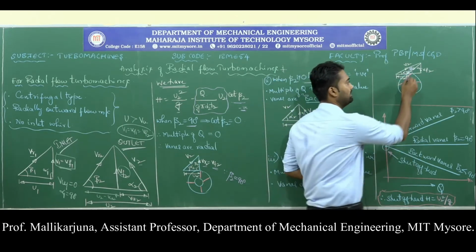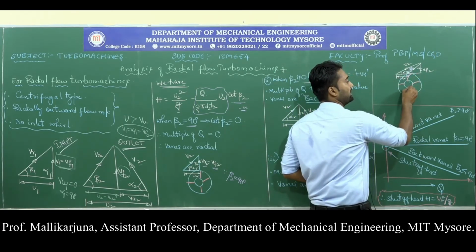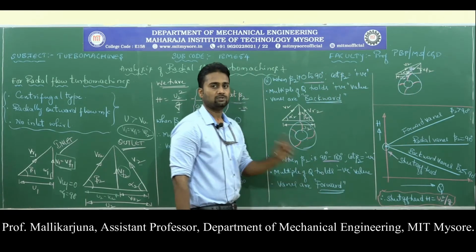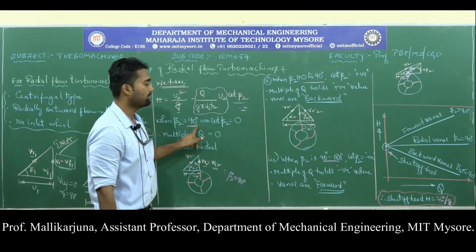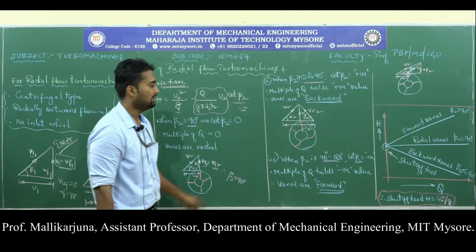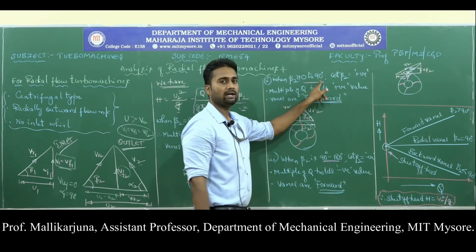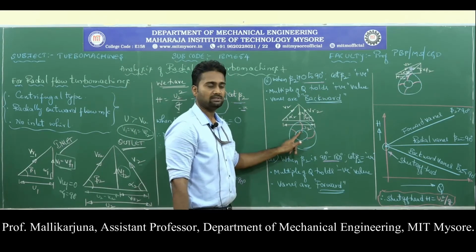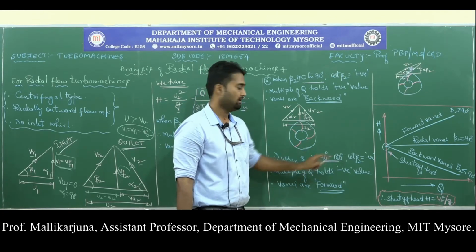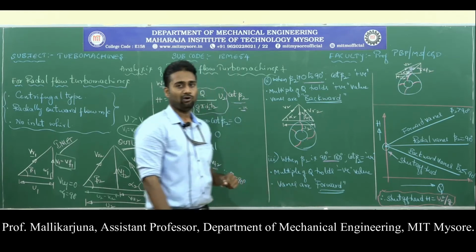Now look onto the vanes direction. These vanes become forward vanes. So now it is very clear. If beta 2 becomes 90, vanes are radial. If beta 2 is in between 0 and 90, vanes are backward. If beta 2 is in between 90 and 180, then vanes are forward.